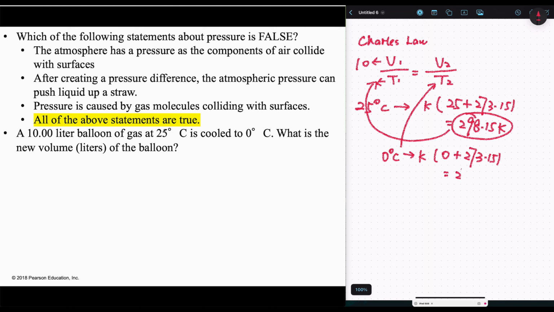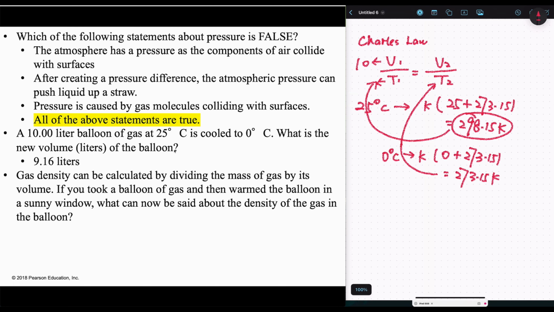You got 273.15 K. So this figure should go to T2. Now you have T1, T2, and V1, so you can calculate V2. The correct answer for V2 will be 9.16 liters. Okay, that's the second one. Now the third question.